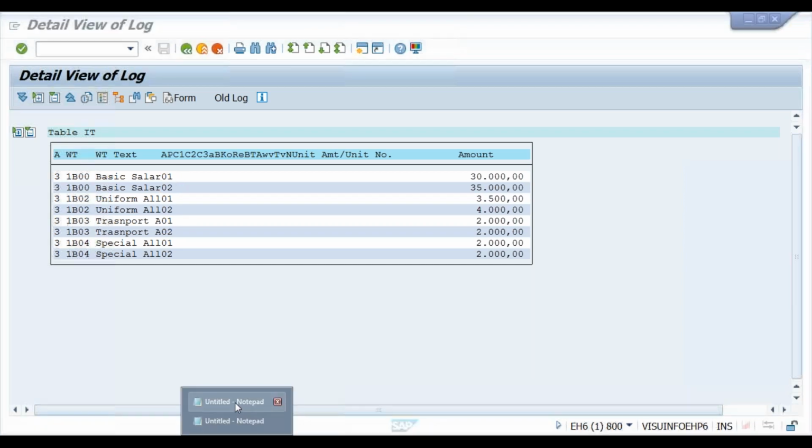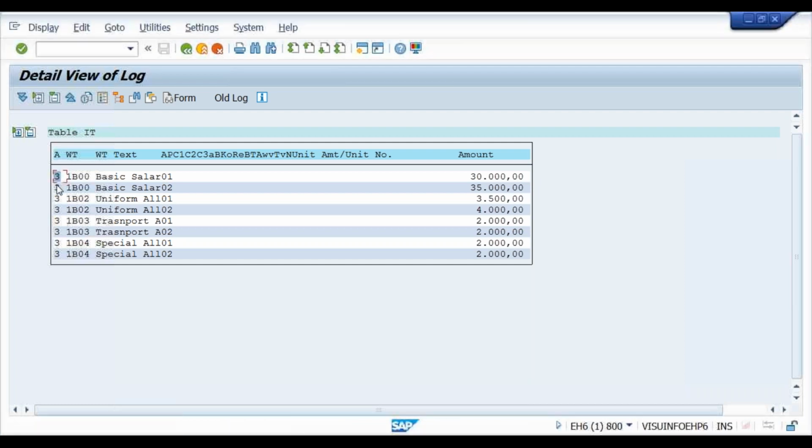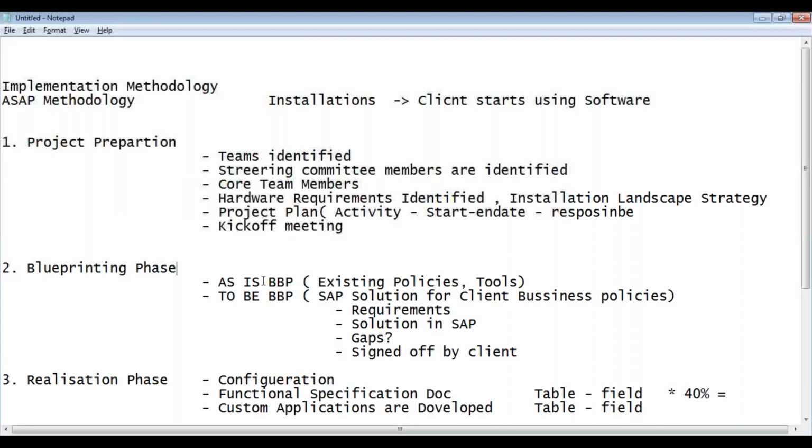Now the second split indicator. You see, this is the second split indicator. What is this 3? The first one is the WPBP split indicator.